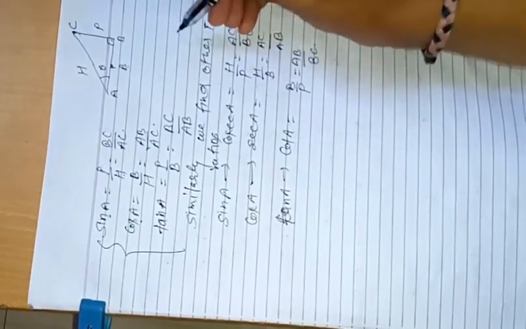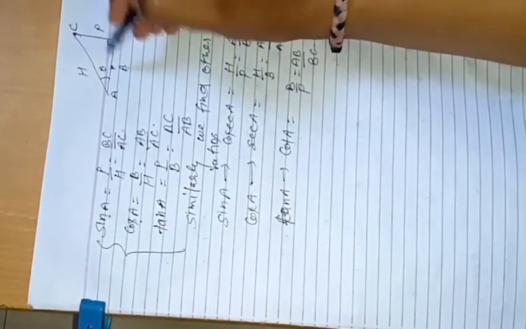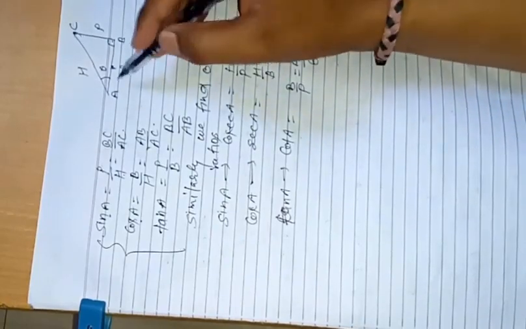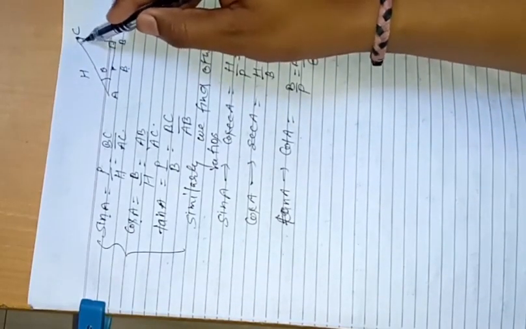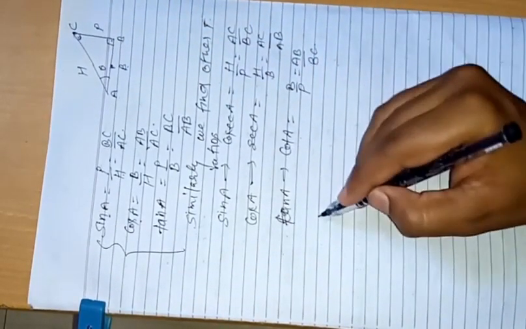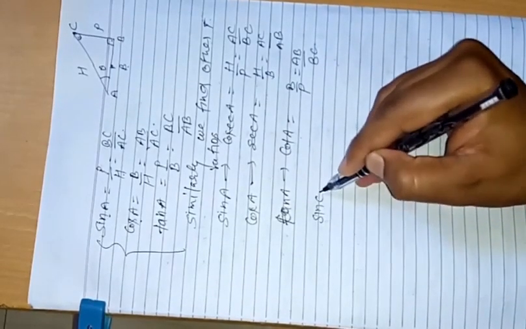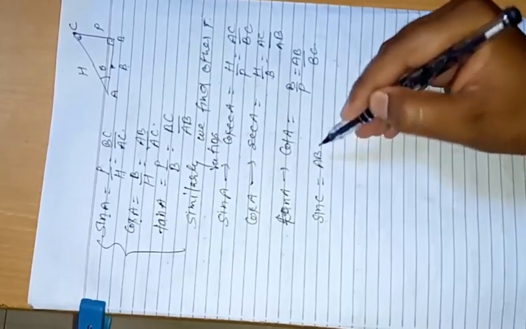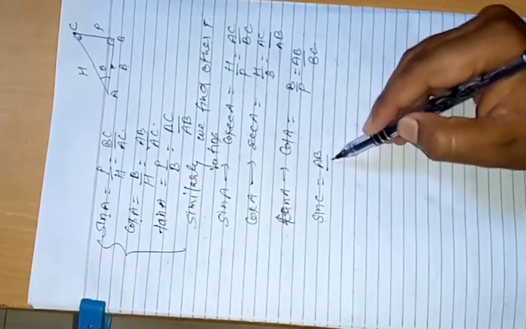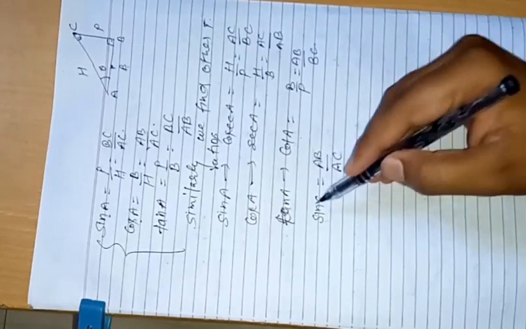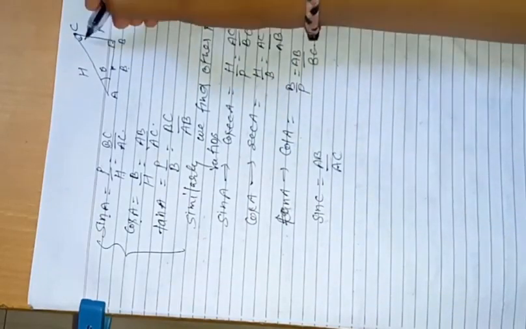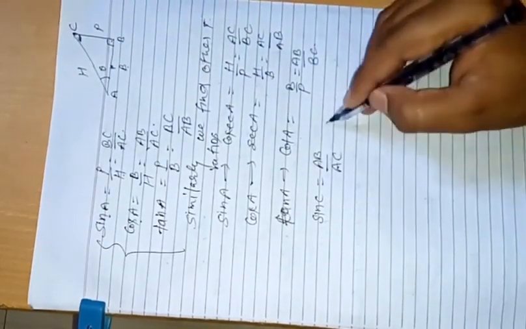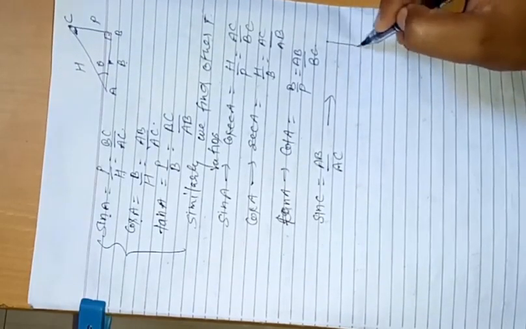Next, if we are told that here find angle C, what is angle C? Then sin C is equal to AB upon AC. Now take a figure.